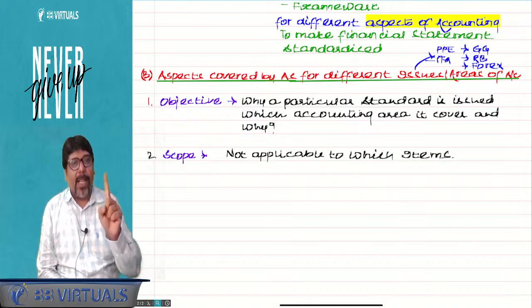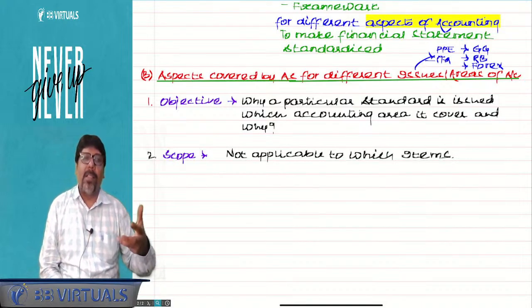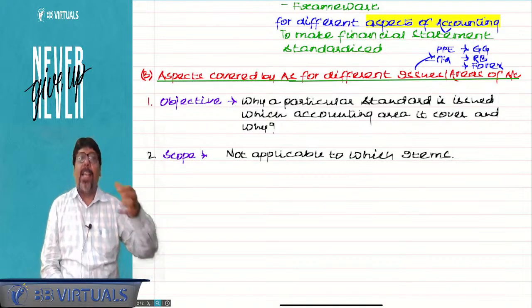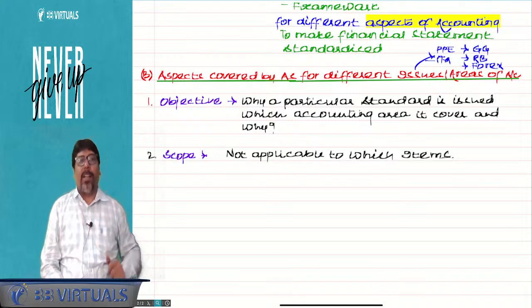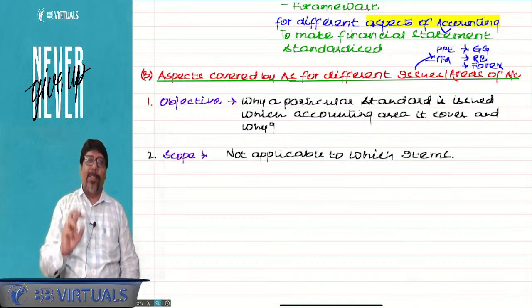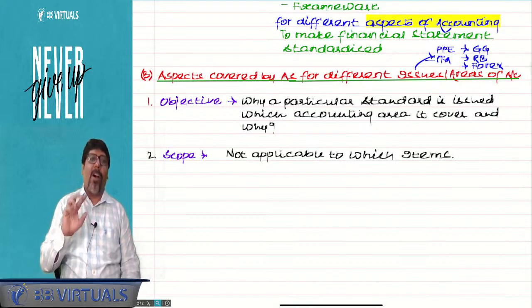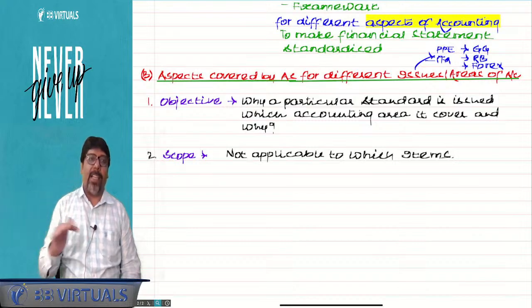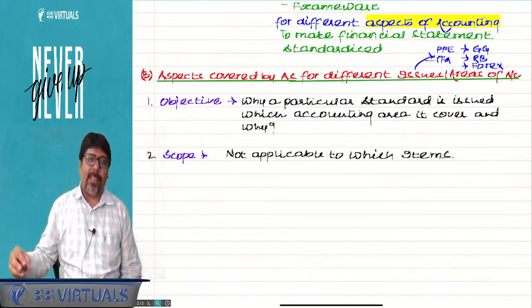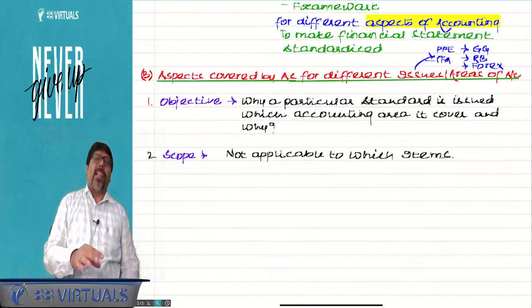So first you told this standard is on boys. Then you told it is not applicable on those with one hand, gray hair, blue eyes. So that means those boys which have these characteristics are not covered in this standard.